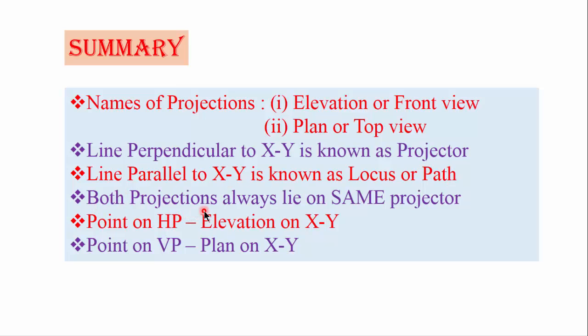Both projections, that is elevation and plan, always lie on same projector. Point on HP has its elevation on XY, while point on VP has its plan on XY. Clear?